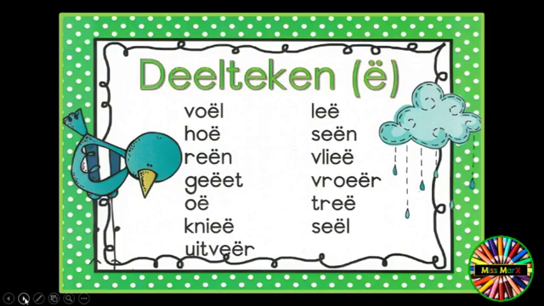Seën, that's a blessing or to bless someone. Vlieë is the plural for vlieg, which is a fly. Vroeër means earlier. Treë refers to steps that you take. And seël is a seal. For example, you seal an envelope.